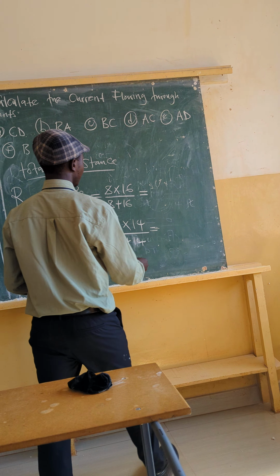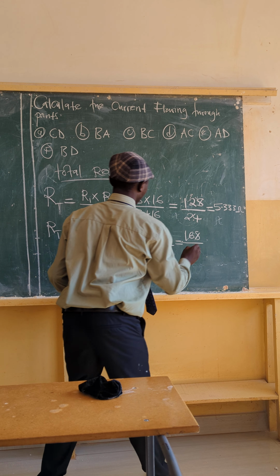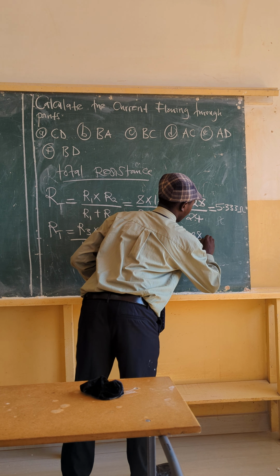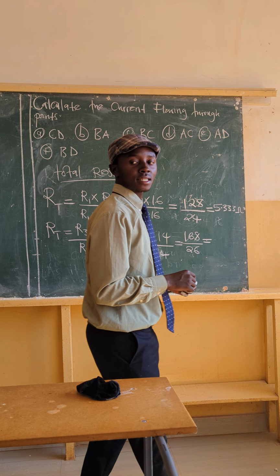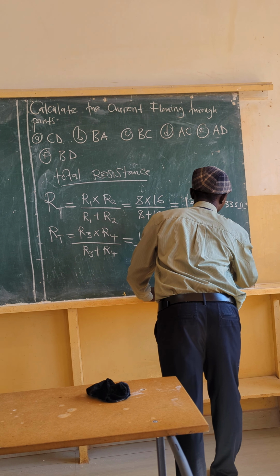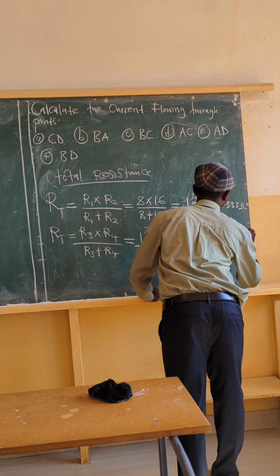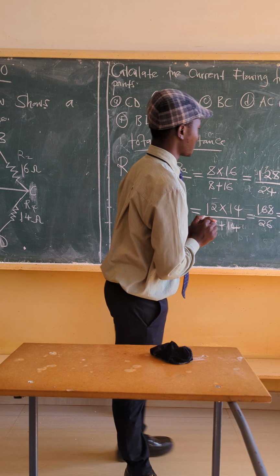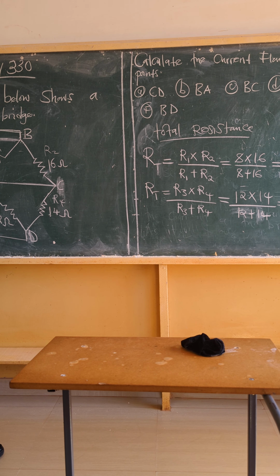Then we come to here, 12 times 14 is 168 over 12 plus 14 which is 26. What is 168 divided by 26? We are getting 6.461 ohms. So now let us calculate the total resistance.